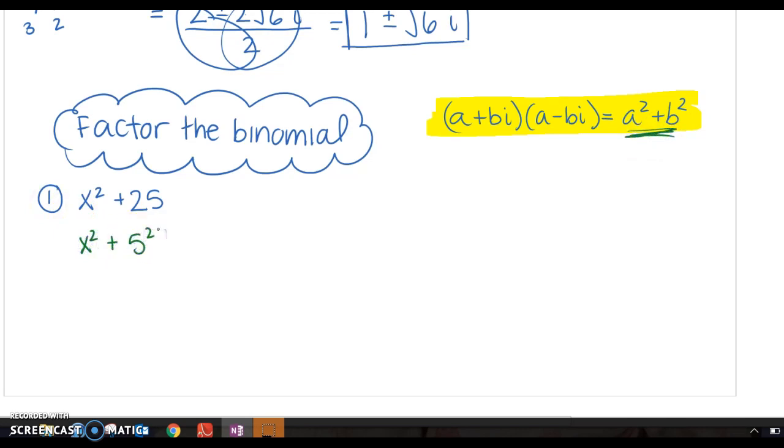And since it's a squared plus b squared, we're not going to worry about the negative 5 piece. x squared plus 5 squared. So this x is our a, 5 is our b, so we can rewrite this as x plus 5i times x minus 5i. Kind of weird. But if you multiply this through, you'll just get x squared plus 25. So that's what that theorem does for us.